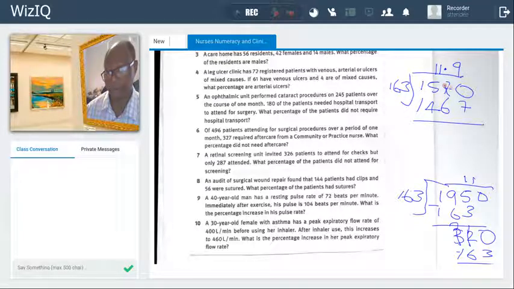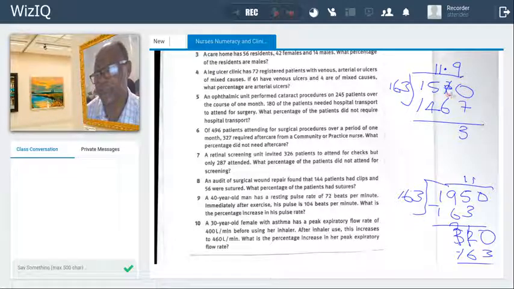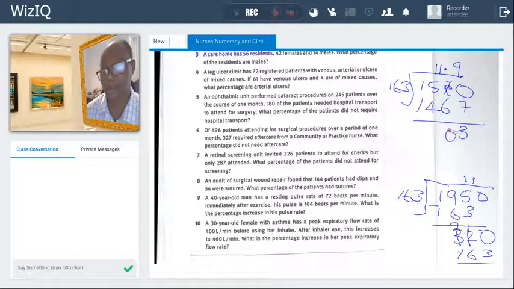I borrow 1 here. Okay, so 6 remainder. 10 take away 7 is 3. And 3 is what is remaining here. There's 6 remaining. 6 take away 6 is 0. And 5 take away 4 is 1.